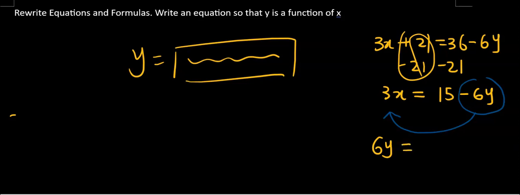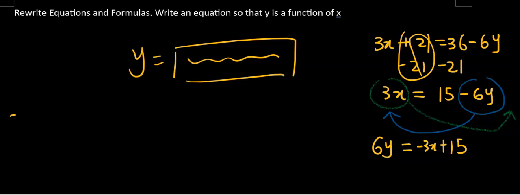So y finished moving. 15 still stays here. I'm going to say x, I will have you go to the right side. Did you see 3x is positive 3x? When I go to the right side, it becomes negative 3x plus 15.